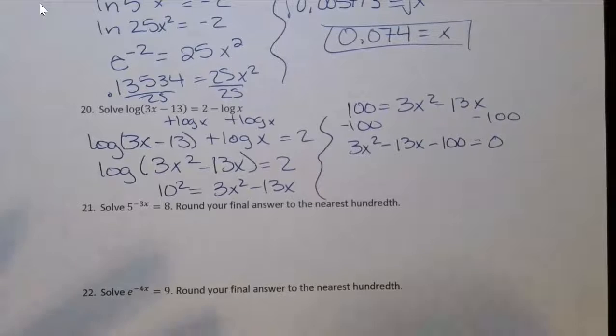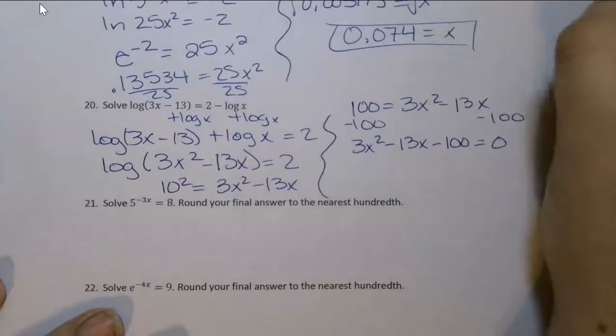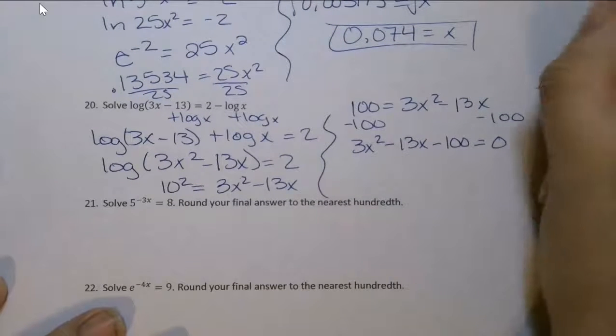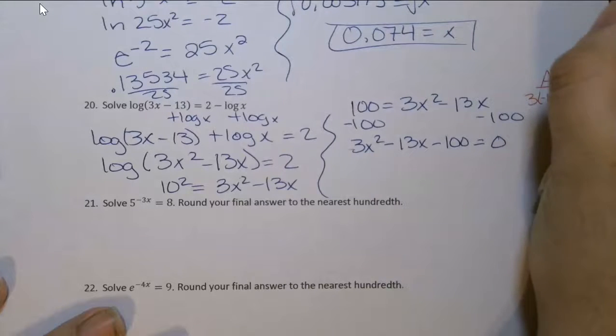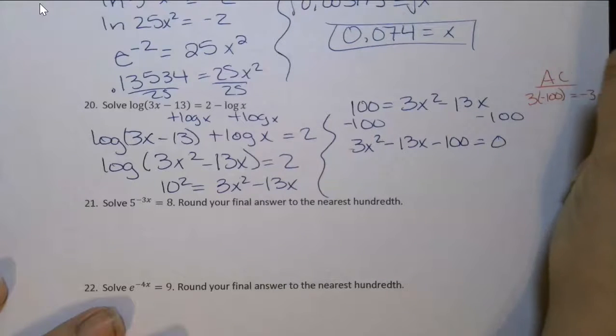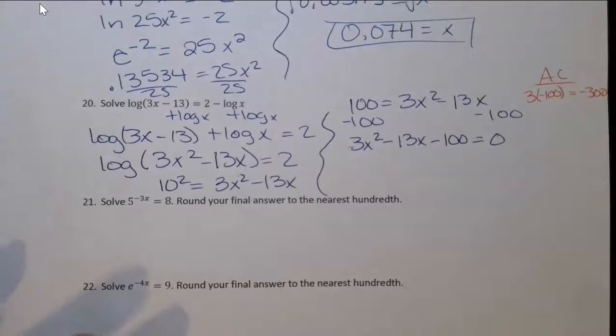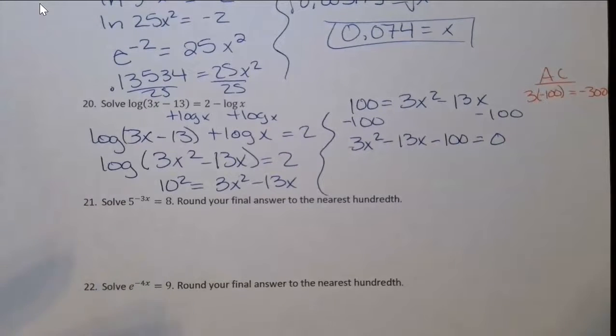I'm going to use the AC method. A times C, 3 times negative 100 equals negative 300. Then I want to find my factors of negative 300 that add up to negative 13.